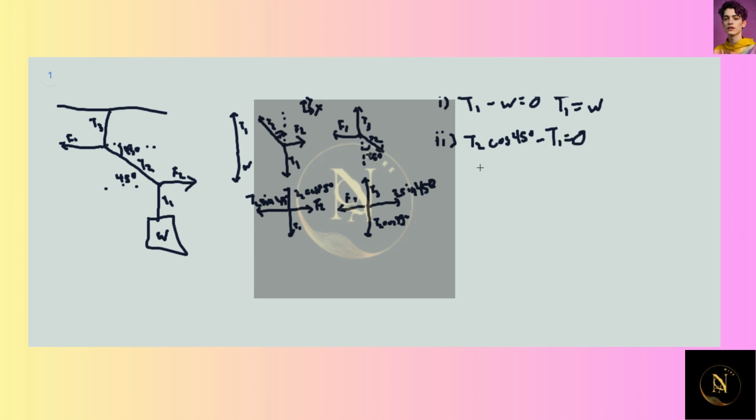And then since we're interested in T2, we can solve for that and substitute in a value for T1. Let me save myself writing cosine of 45 degrees twice and just do that now.